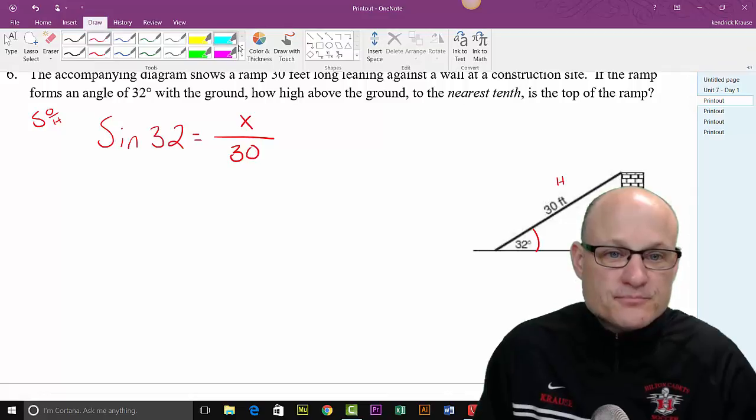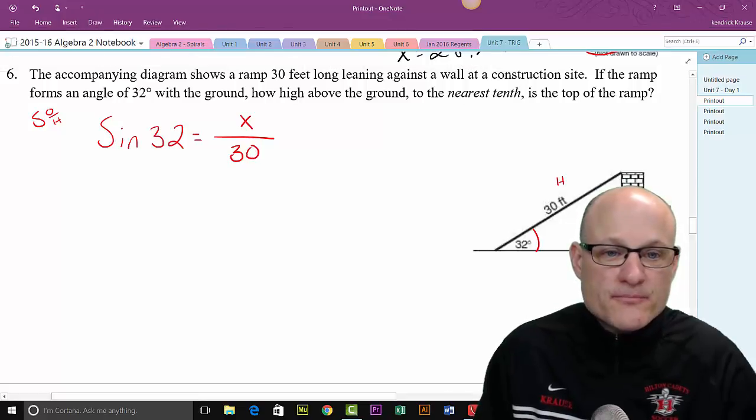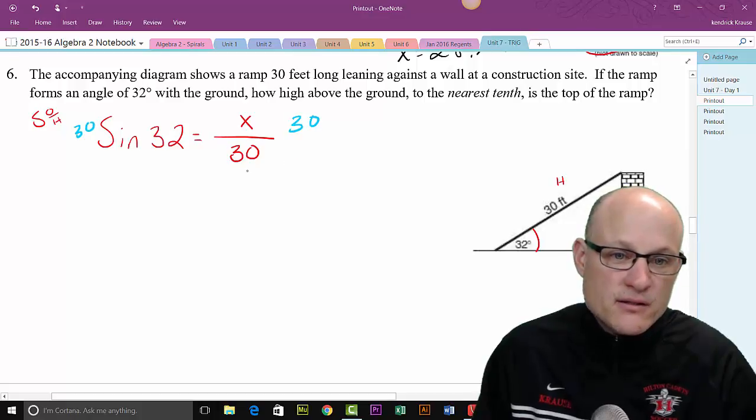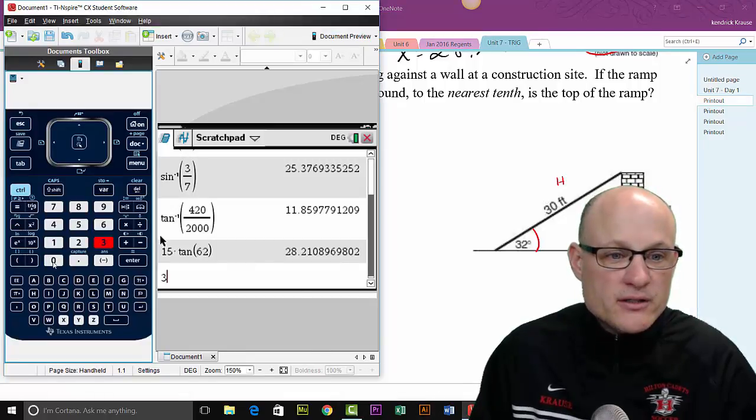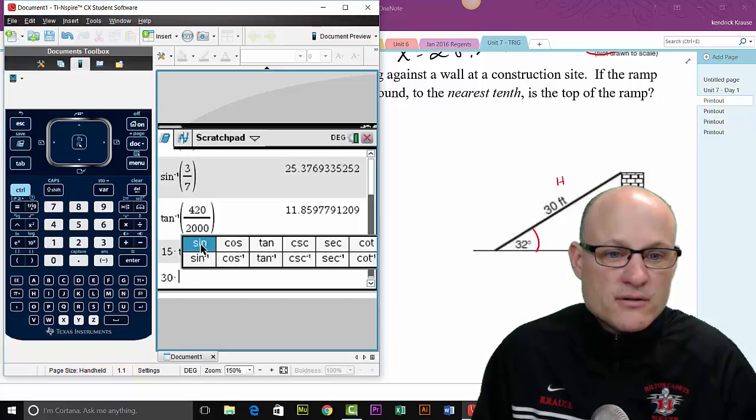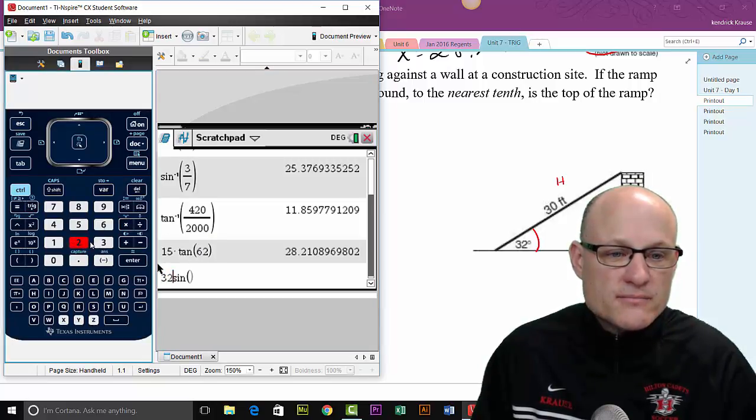I'm going to multiply both sides by 30. And this is what I just put in my calculator: 30 times sine 32.